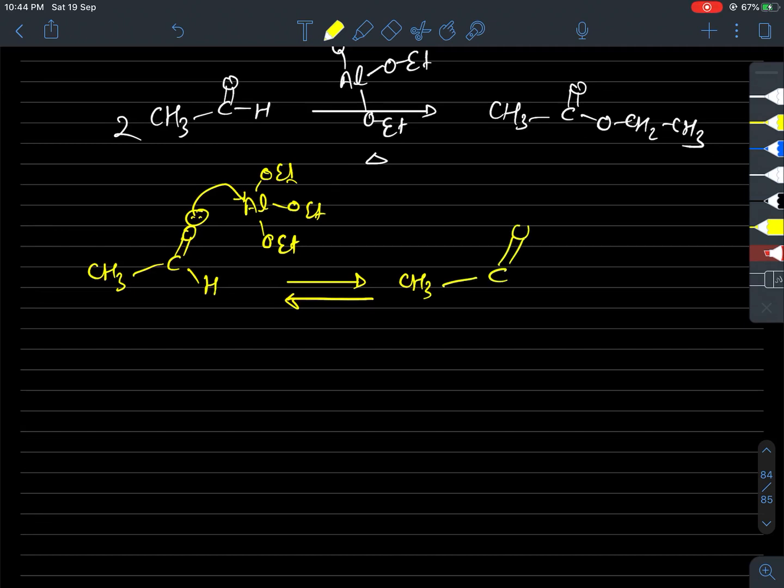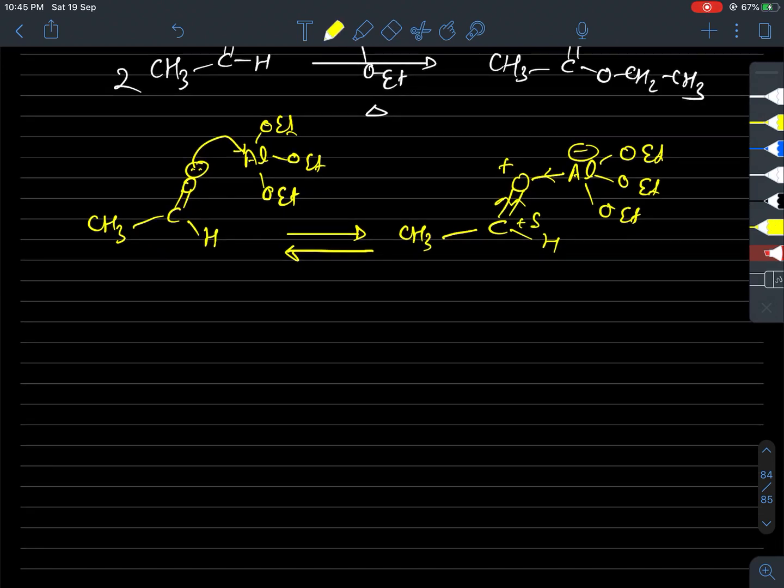The oxygen of the carbonyl will acquire a positive charge and aluminum will acquire a negative charge. This bond is highly polar, right? And the moment it gets a positive charge, it increases the positive charge on the carbon, which will attract even a poor nucleophile.